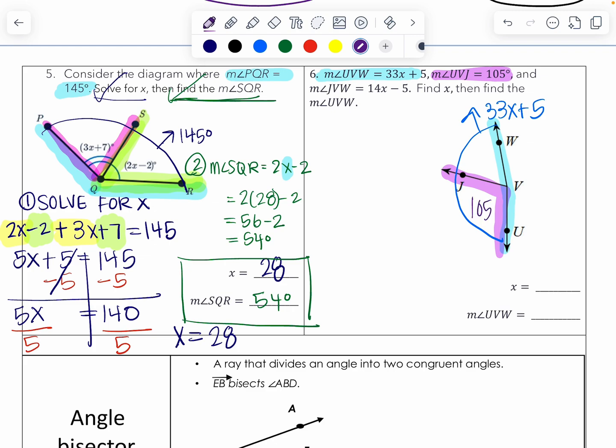This purple angle is 105 degrees, slightly bigger than 90. And then it says that JVW, the yellow angle JVW, is equal to 14x minus 5. So we want to say little angle plus little angle equals the big. And the first step is to solve for x.